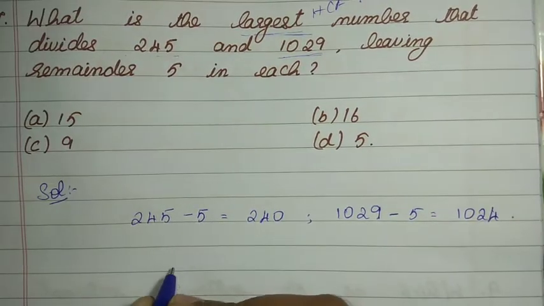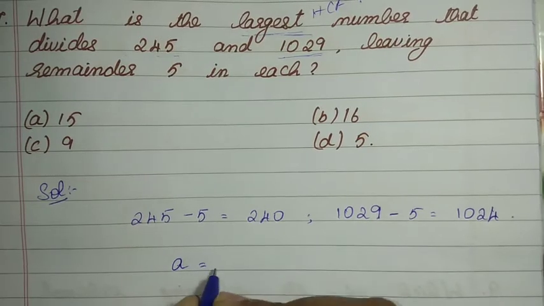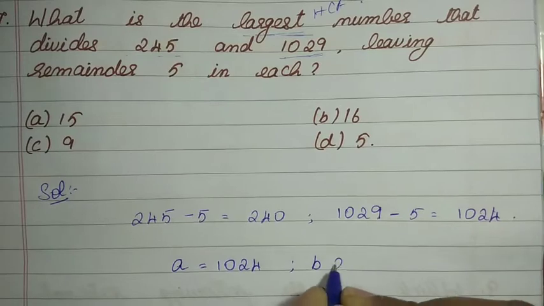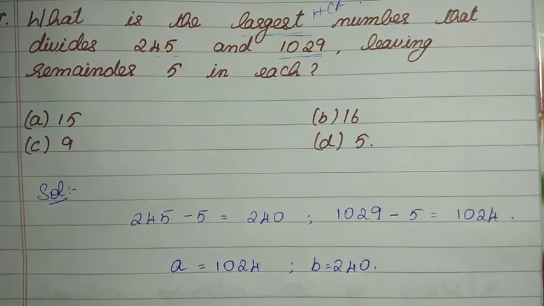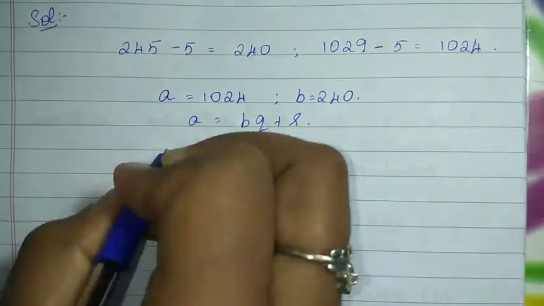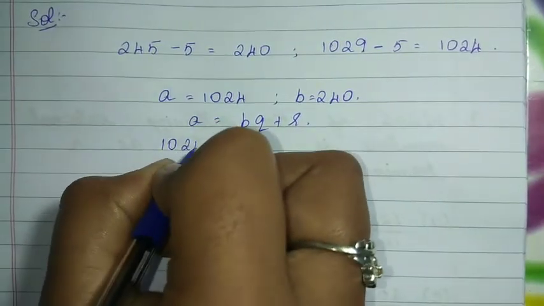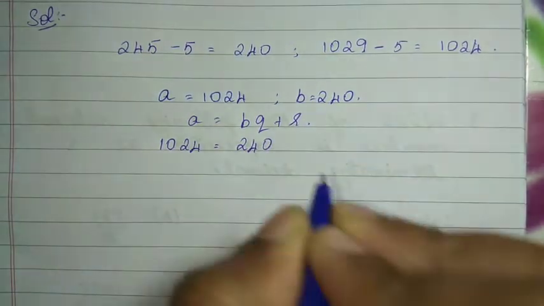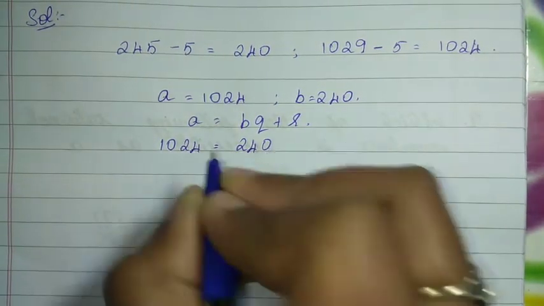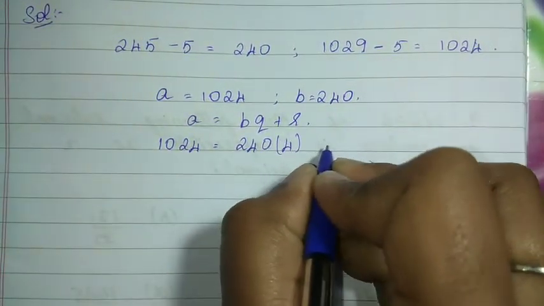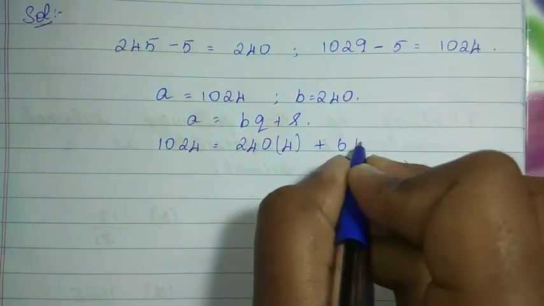So now I will be taking my A as 1024 and B as 240. So A is equal to BQ plus R. So 1024 is equal to 240 into what I will get? I won't get it directly. So I will multiply with 4 and the remainder is 64.